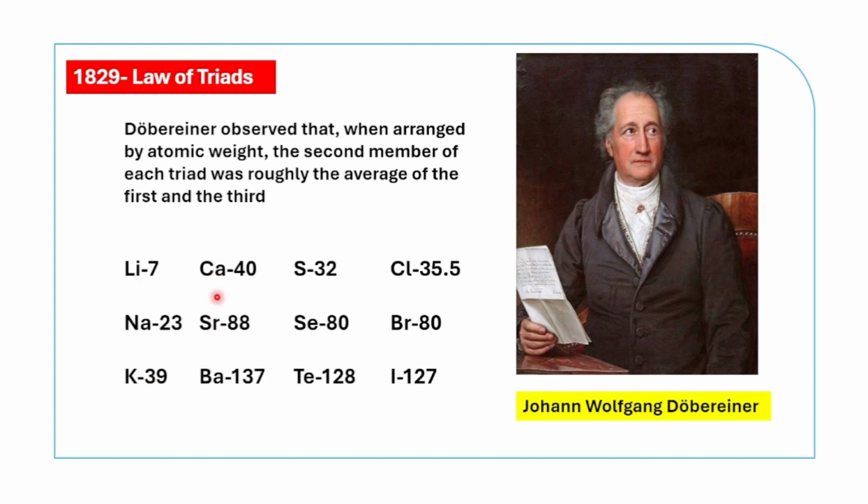Similarly, in the case of calcium, strontium, and barium, if you sum calcium's and barium's atomic weights and divide by 2, you will get roughly the atomic weight of strontium. And these are some other examples. Not exact, but you get a close number.